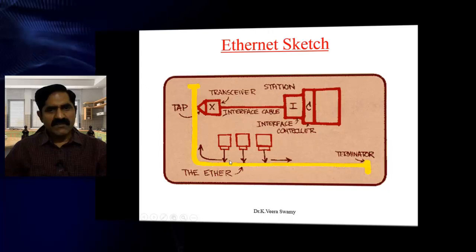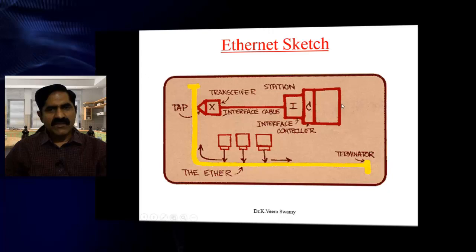Like this you can take many taps, depending upon the number of nodes you want to install. If you see the details of one node, after inserting into the main cable, it is connected to the interface, then to the controller, and finally it is given to the system. So this is the basic sketch for Ethernet.